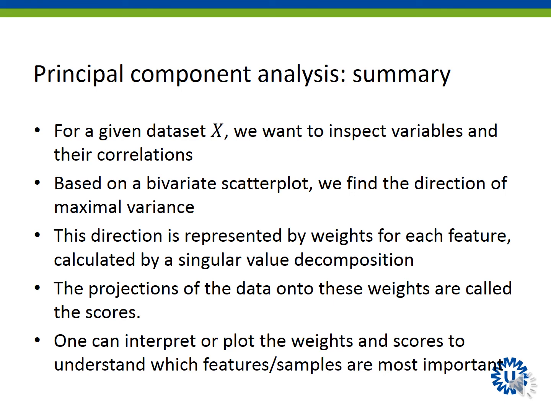The first right singular vector of X is the first principal component of X. So that's for the weights. And then the projections of the data onto these weights are called scores. So the scores are a representation of the data in the direction of maximal variance.